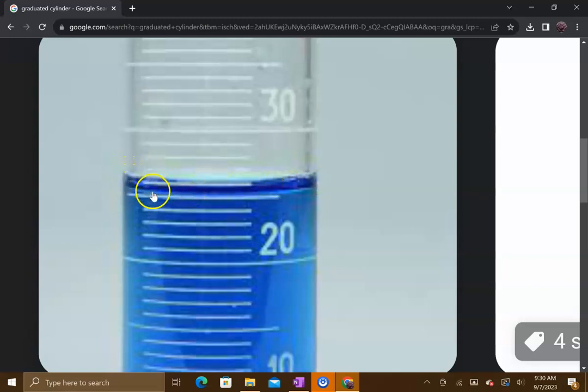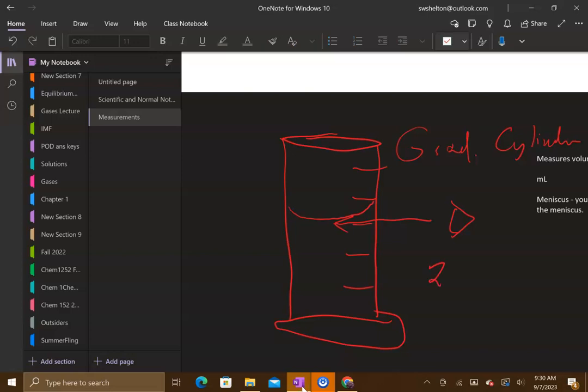So we're actually going to measure right here where my mouse is. So this is going to be 20. So this is between 26 and 27 milliliters, but since it's right between the lines, it's going to be roughly 26.5 milliliters. So we would write down 26.5 milliliters.